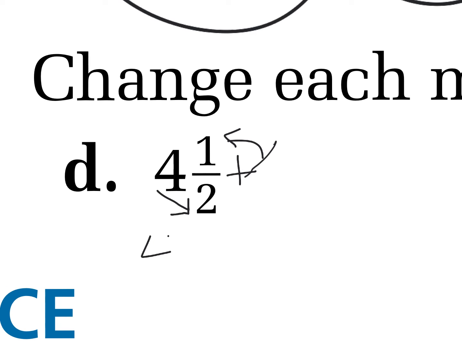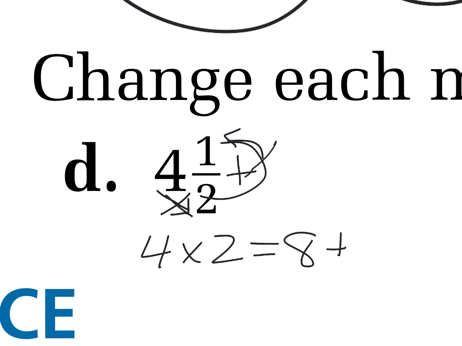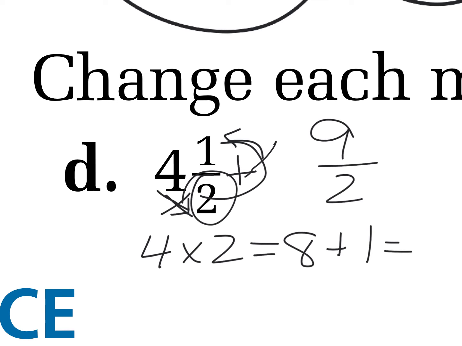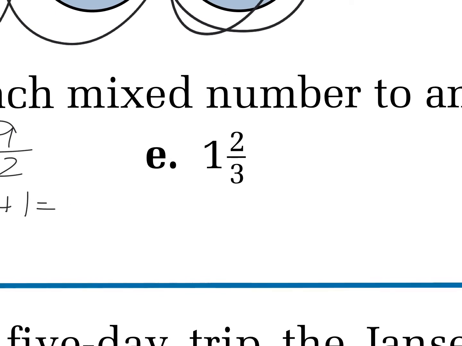So 4 times 2 would give me 8. Then I add the numerator, which is 1, which gives me 9. And my denominator stays the same. So it would be 9 halves. You could draw a picture if you want to as well.